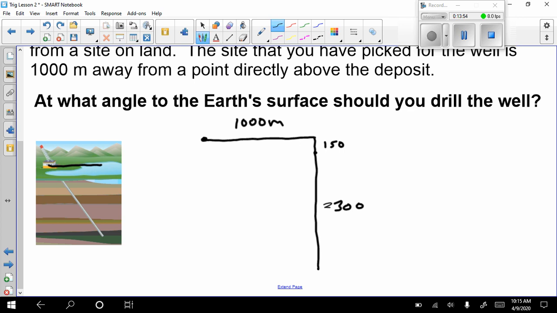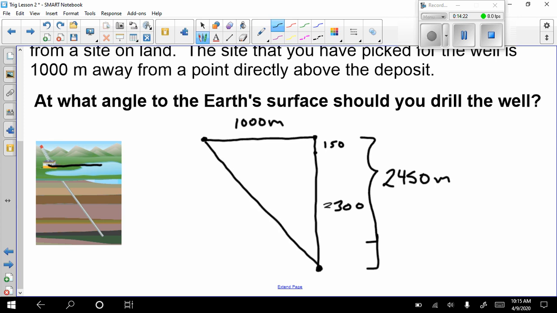Okay, so we know then that that whole distance there, when I add those two together, is 2,450 meters, and that's the whole distance from the top or the center of the lake right down to the deposit. Sorry, I should show it like that. So that's 2,450. Okay, and what I'm interested in, I'm just going to join this. I'm interested in that angle. I'm going to call it theta. That's the angle that I'm interested in.